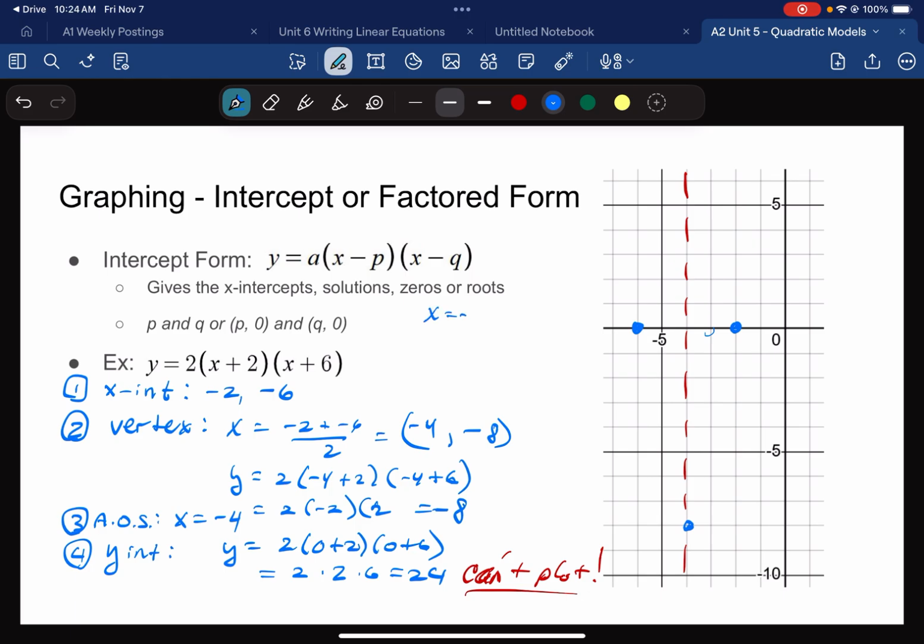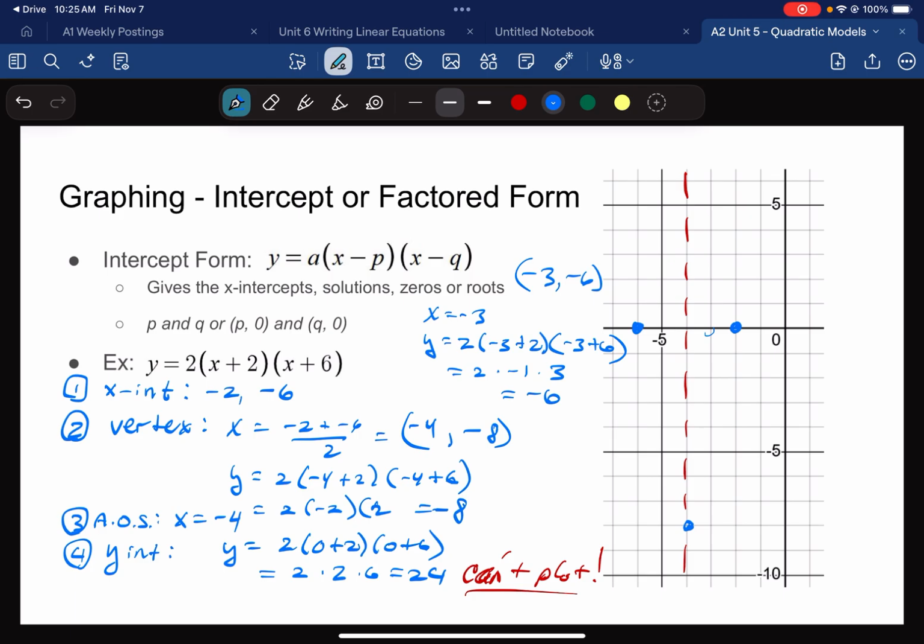So if I make x -3, what's that make y? So 2 times (-3 plus 2) times (-3 plus 6) gives me 2 times -1 times 3, which is -6. So (-3, -6) is another point on the graph.